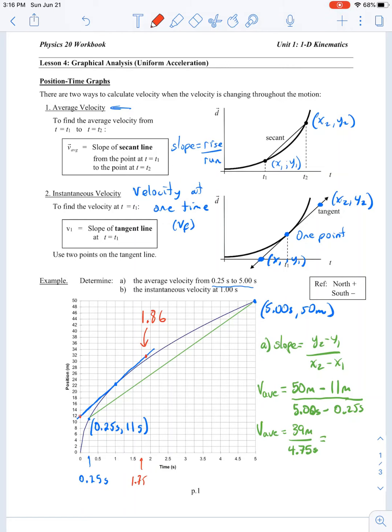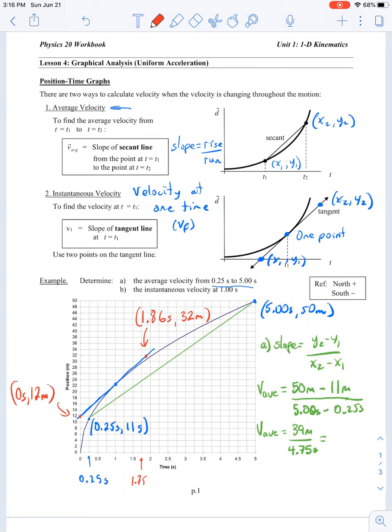And again, it is just approximation. So that's the time. And the distance at that point is 32 meters. And then I've got another point over here that I'm going to calculate the points for. So this is definitely 0 seconds, and it looks like it's about 12 meters there.